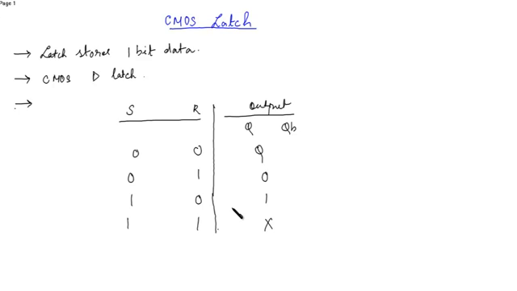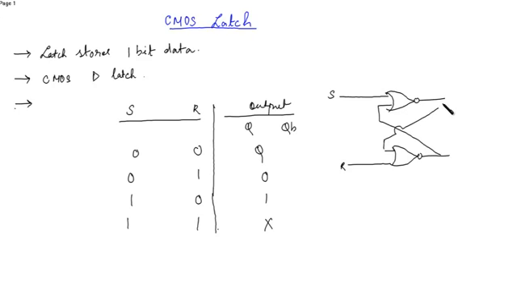This is the SR latch output for the SR latch using NOR gate, which is something like this. This is S, this is R, this is Q, and this is Q bar.